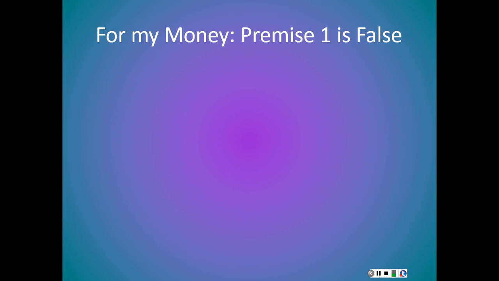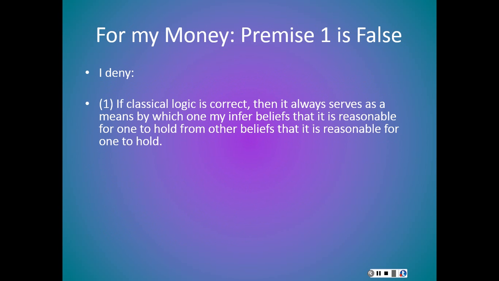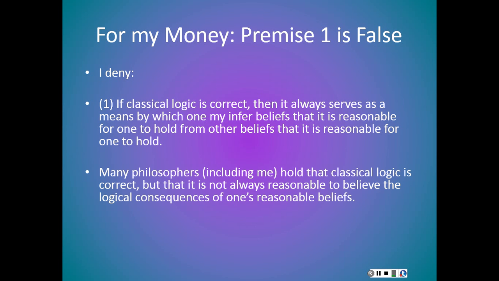Well, for what it's worth, my money is on the falsity of premise 1. I deny that if classical logic is correct, it always serves as a means by which one may infer beliefs that it is reasonable for one to hold from other beliefs that it is reasonable to hold.